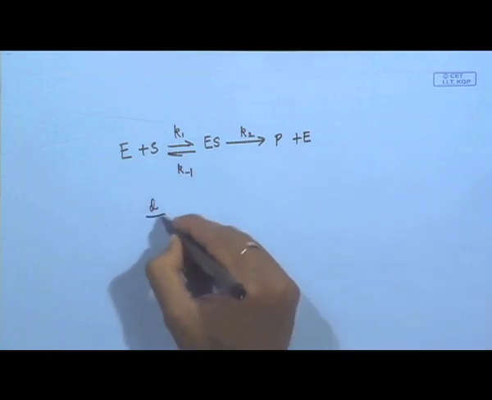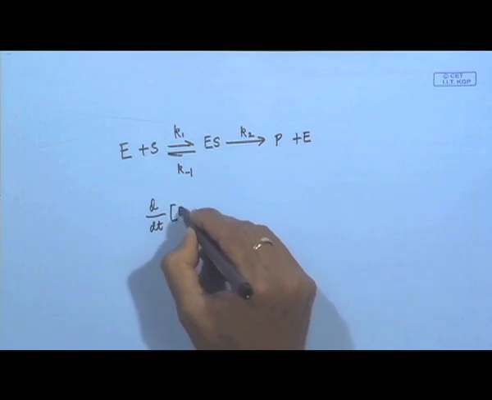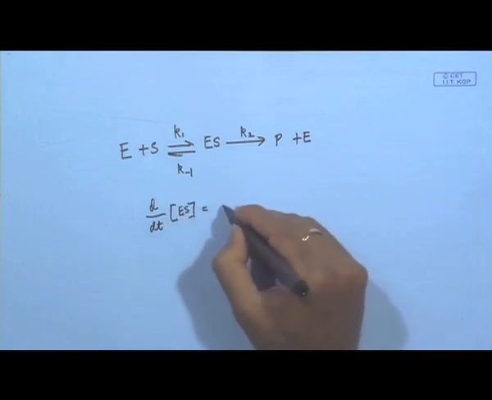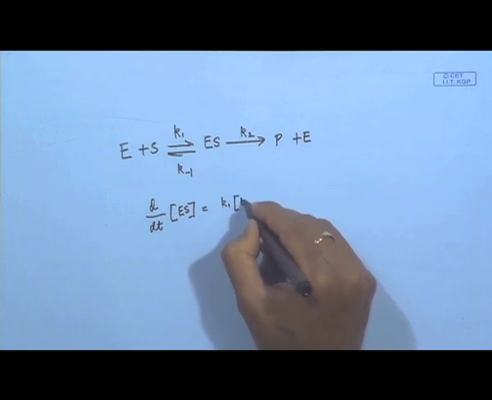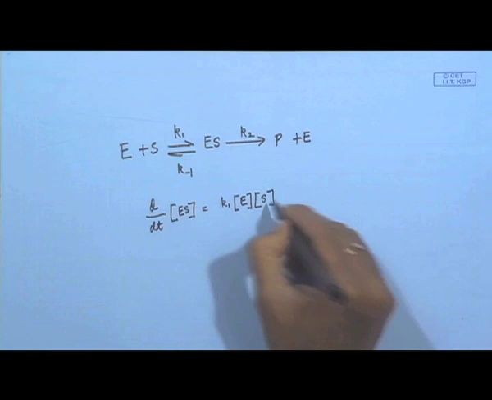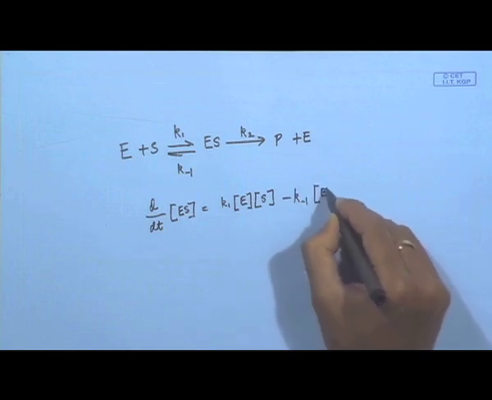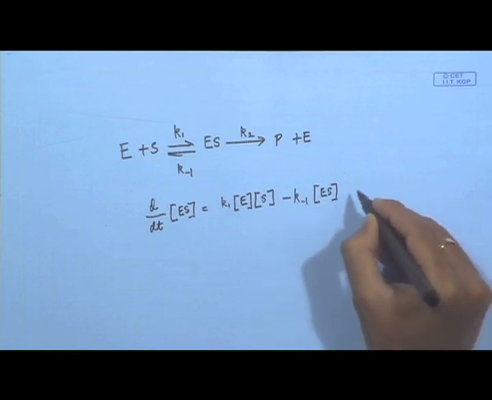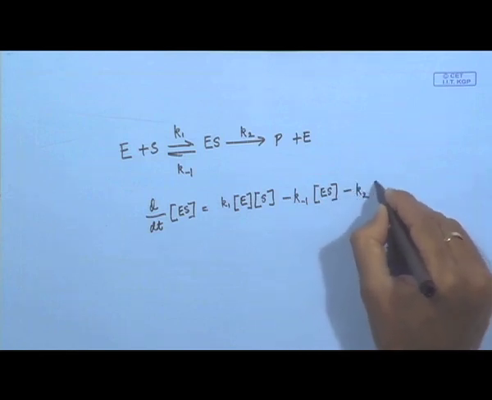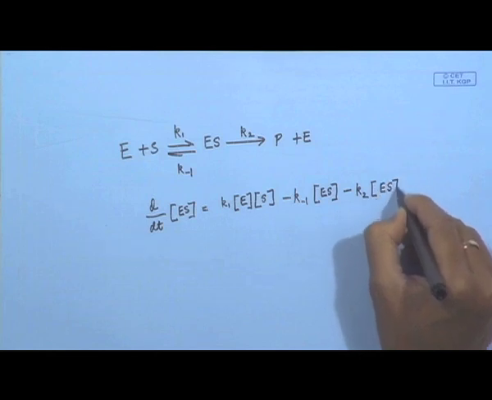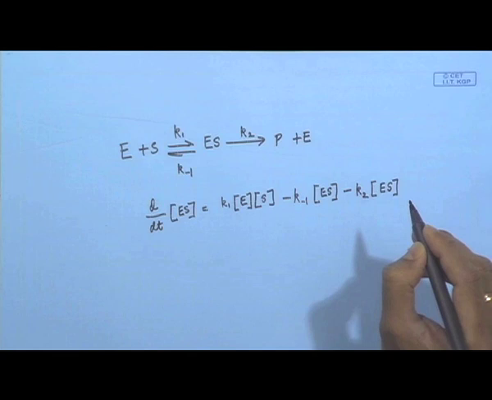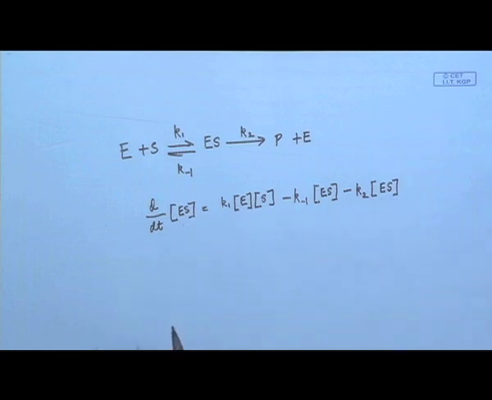So, d/dt of ES is equal to K1 into E S, because it is the formation step, then minus K minus 1 into ES, minus K2 into ES. This is the rate of change of ES with time, I mean the time rate of development of ES.